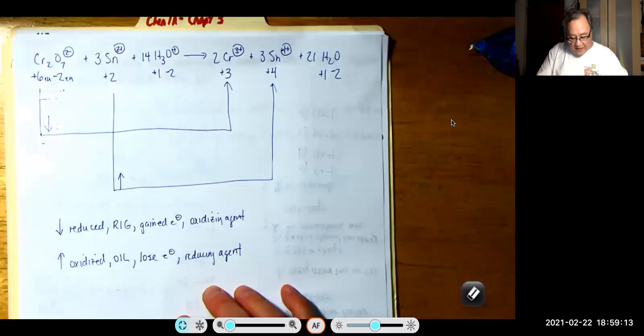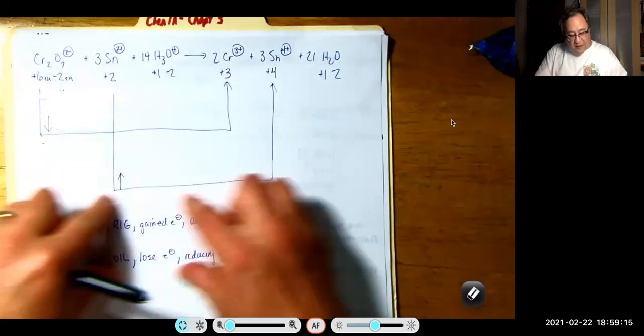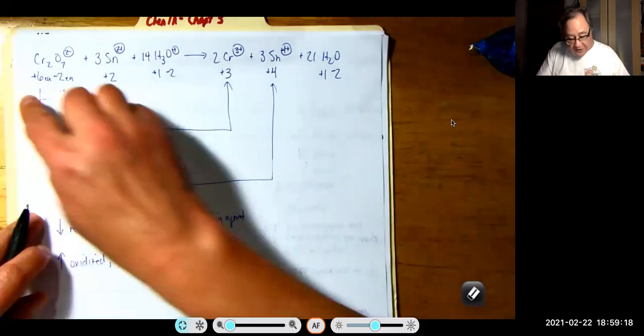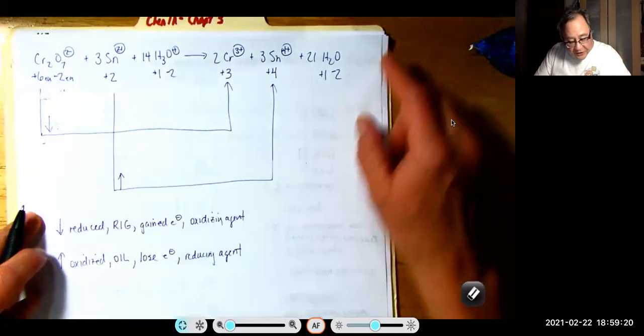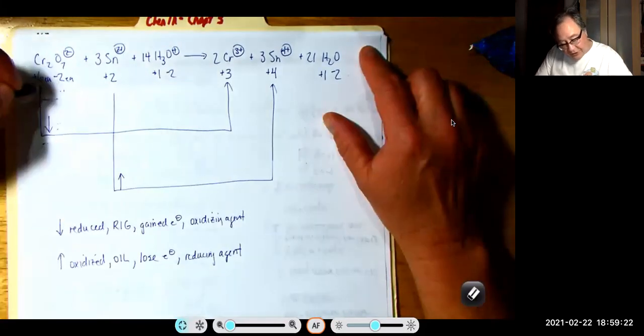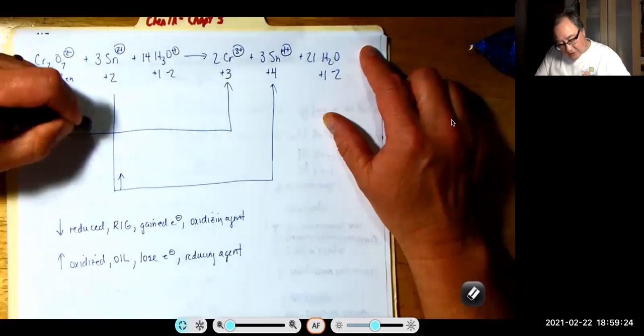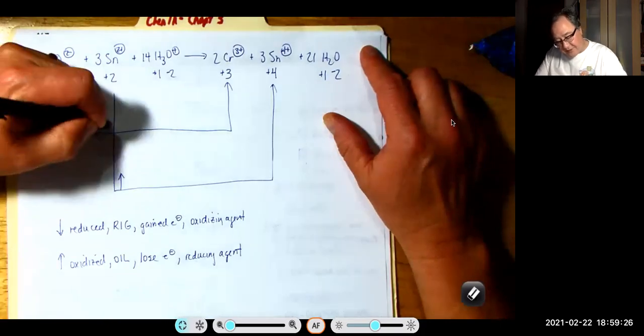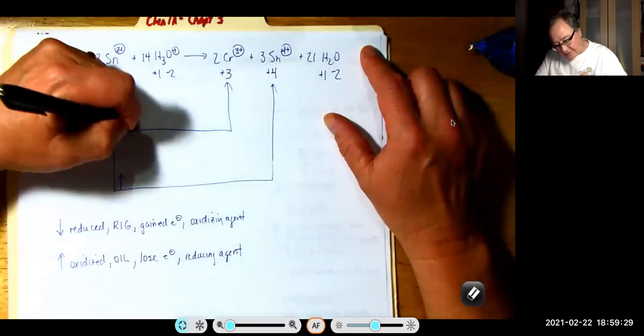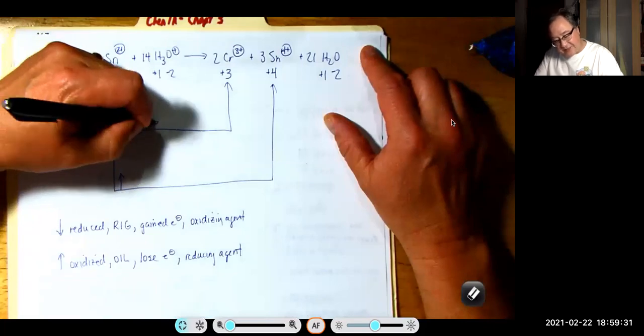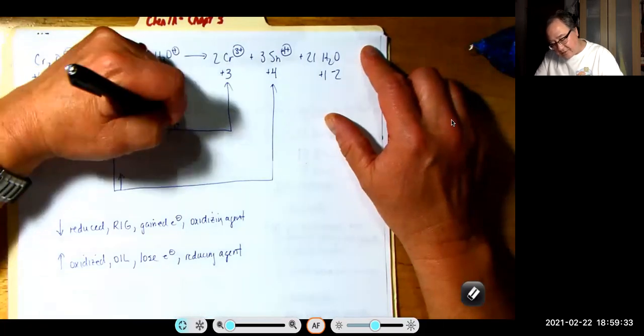So normally, instead of writing these here, I would write them right next to the arrow on this particular line. So you can see that this chromium is reduced. It's RIG'd, which means it gains electrons. And it's the oxidizing agent.